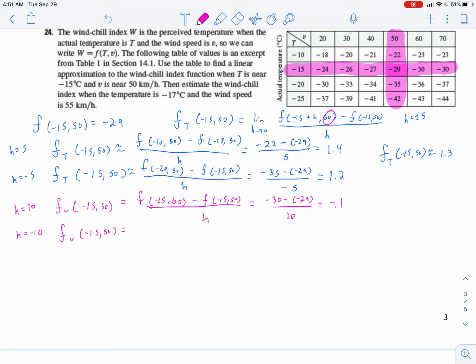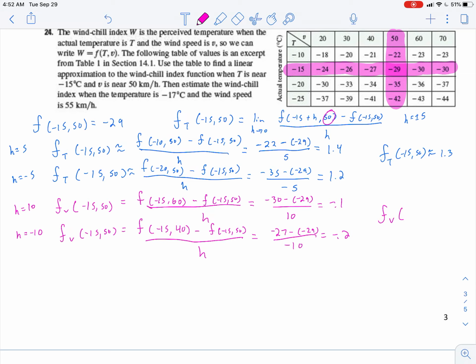And then doing again, but when h is negative 10, so we have f of (-15, 40) minus f of (-15, 50) all over h. And so in this case, we're going to get negative 27 minus negative 29 all over negative 10. We get negative 0.2.